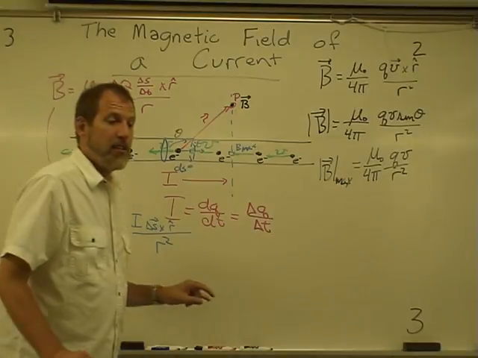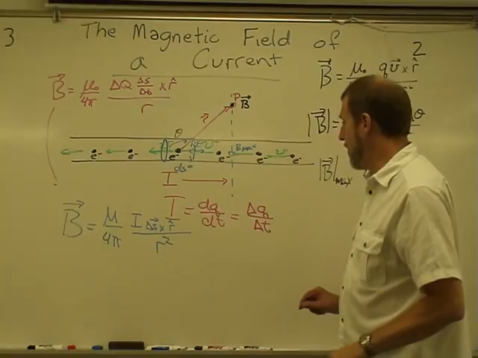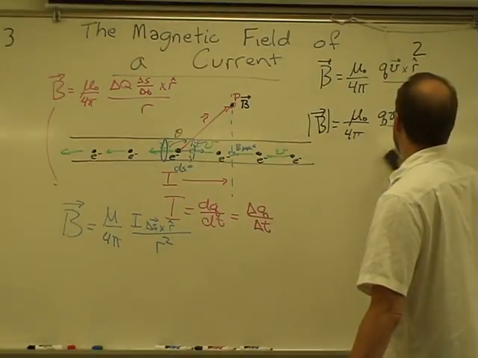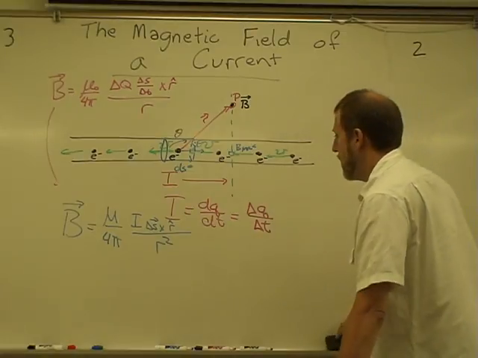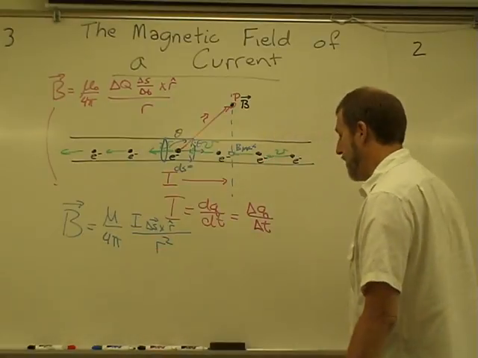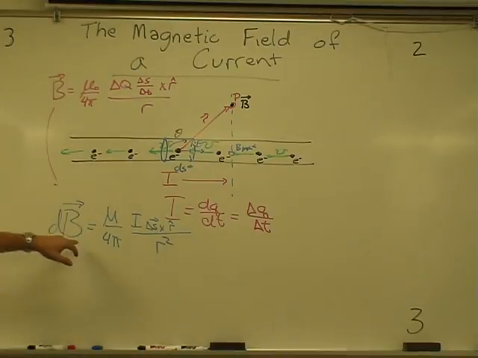There are two special cases we're going to look at because they're very common. If I look at the special case of this infinite straight line, to find the magnetic field, this would be delta B, a differential tiny chunk of magnetic field.